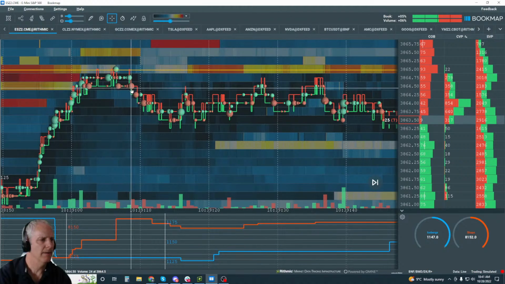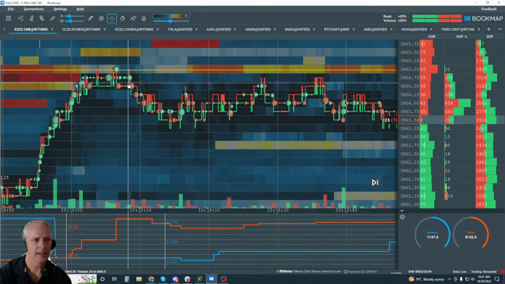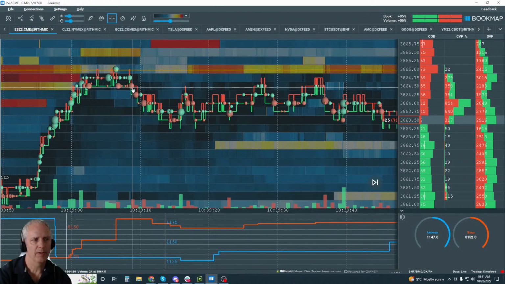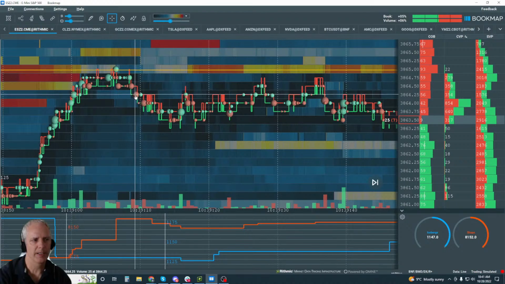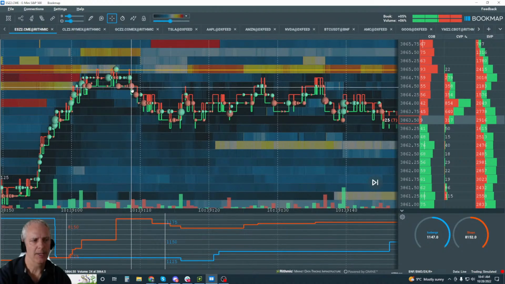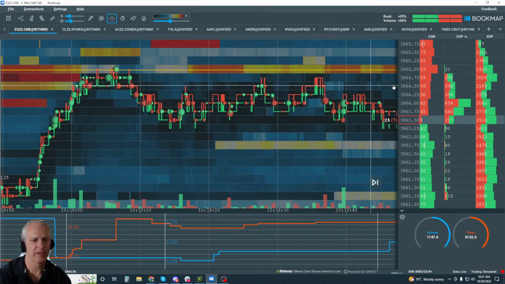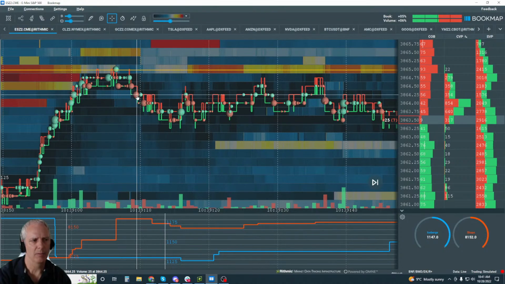There are no buyers up here. They're selling down here. There were enough sellers to drop it a tick. They swept the order book one tick, hit the bid, took all the liquidity off of this 64.5, and then moved it lower one tick.